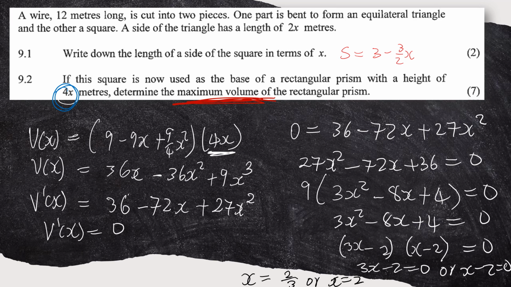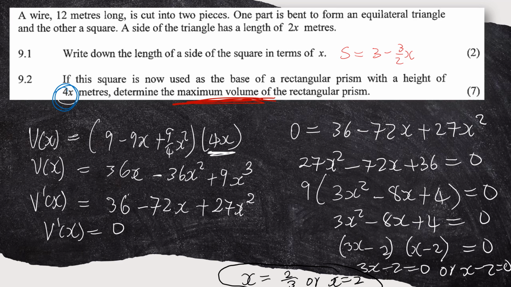Now you have two values of x, right? But remember, one of these values will give you the maximum volume and one of them will give you the minimum volume. We have to decide which of the two x values will actually give us the maximum volume. How do I decide? You use the second derivative.